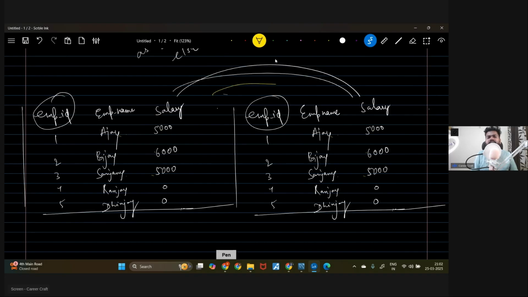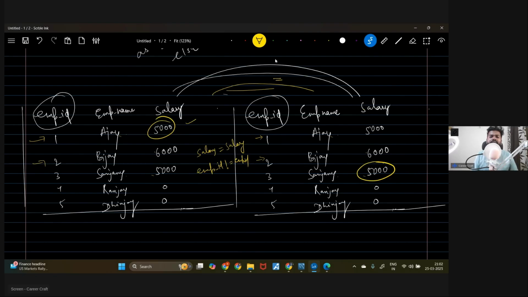Wherever salary is equal to salary of both the tables, and employee id should not be same. Employee id is not equal to employee id. What does it mean? That this row and this row will not be joined. Only rows where the salary is same will be joined.